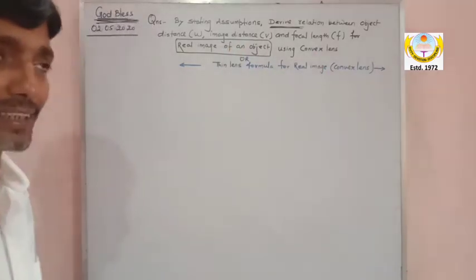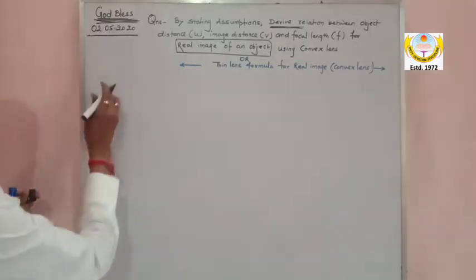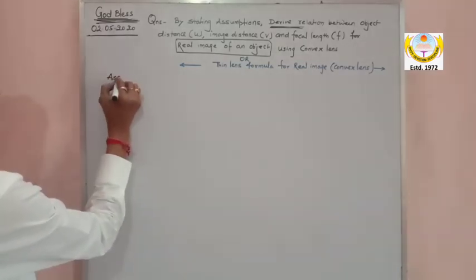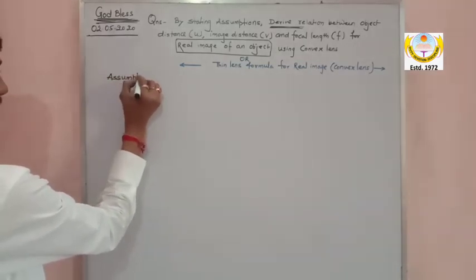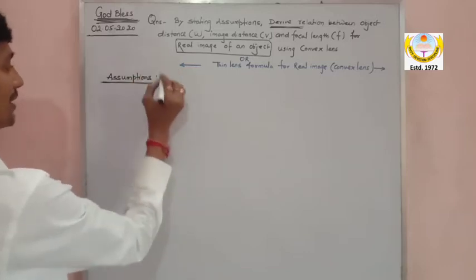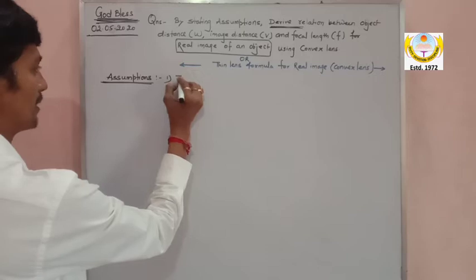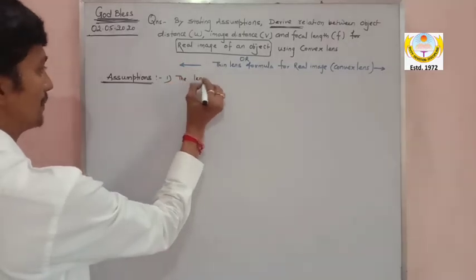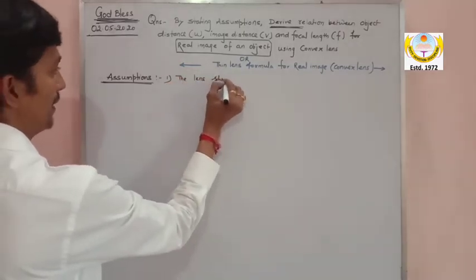So first I will state the assumptions here, so that it is clear what the differences are between the lens maker assumptions and these assumptions. The very first assumption: the lens should be thin.